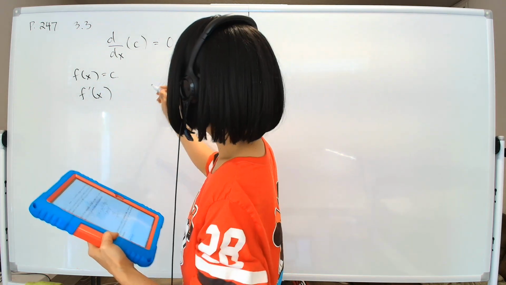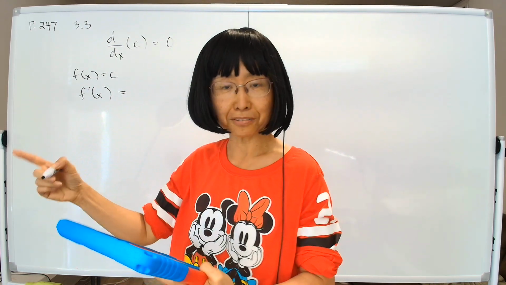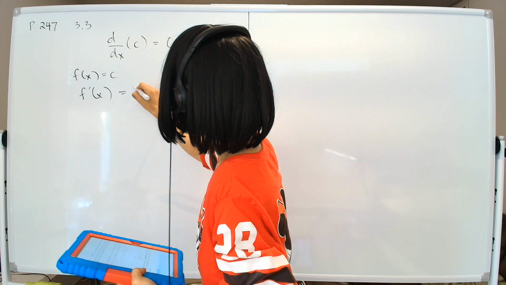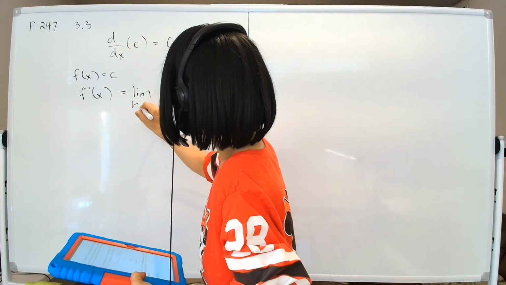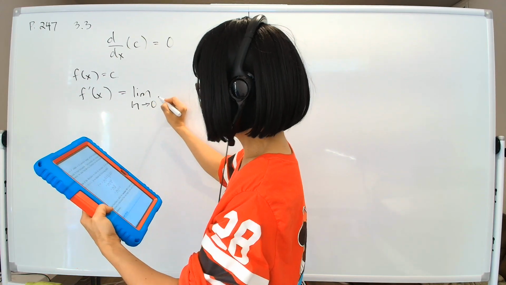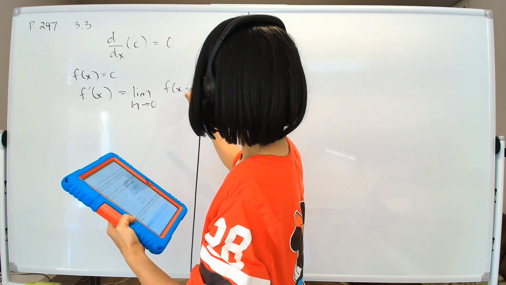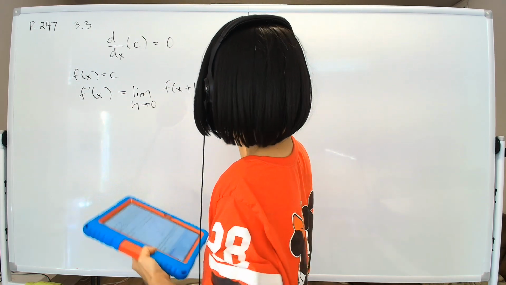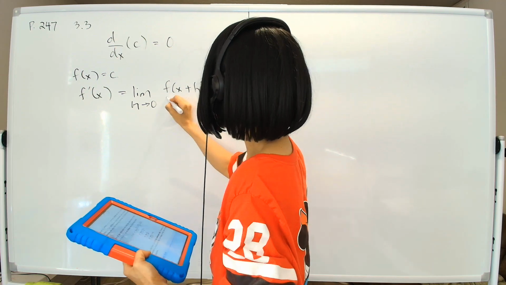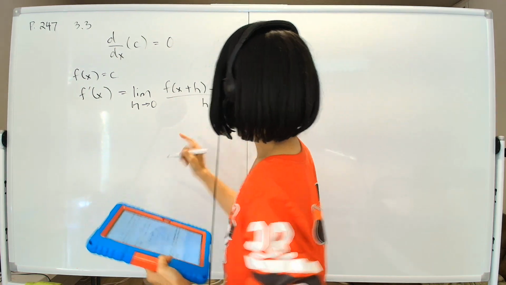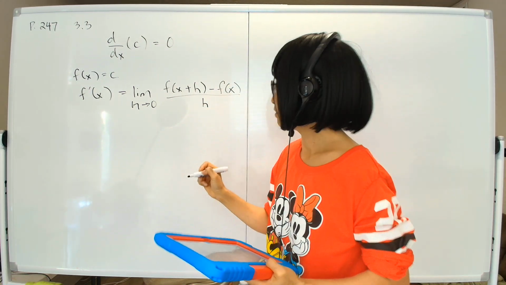So f prime of x equals the limit definition, which is the limit as h approaches 0 of f of x plus h minus f of x, all over h. This is just the definition. I'm just repeating the definition here, and I haven't done anything yet.